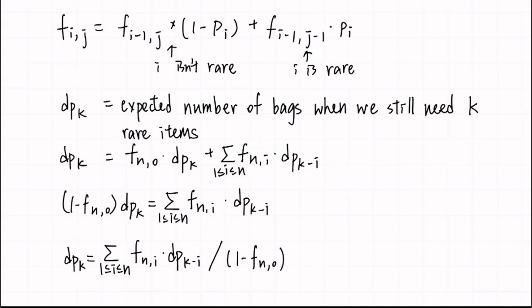And since i items are rare, then we will only need k minus i items, so we can multiply this by dp of k minus i. And if we move this term to the left, then we would have 1 minus fn0 times dpk is equal to this. And so we can obtain dpk by dividing the sum by 1 minus fn0.